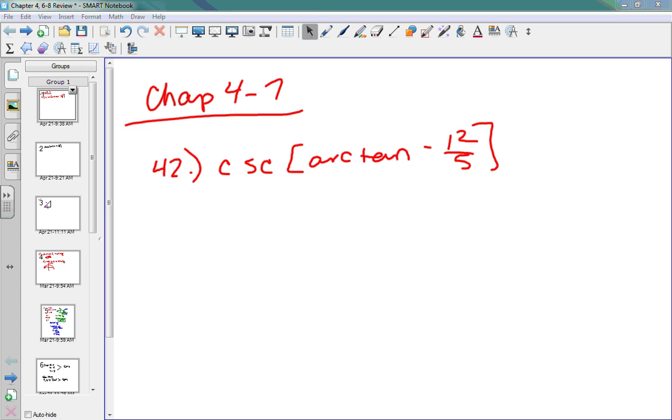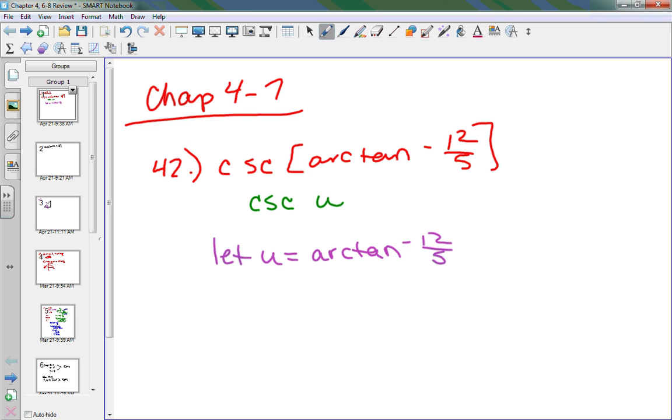Okay, here we go. Number 42 out of section 4-7. Okay, how do I do this problem? I'm going to let u equal the arc tangent of negative 12 fifths. Okay, which means that now I'm calculating the problem of the cosecant of u. Do we understand that?